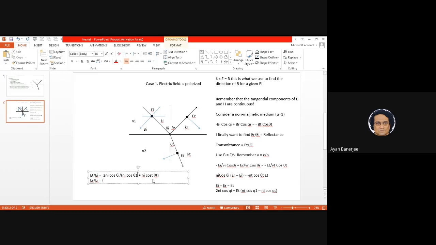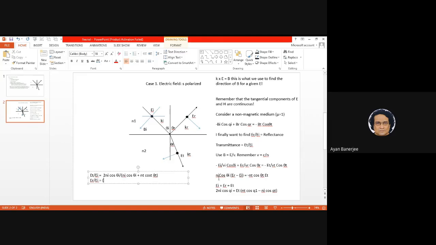This is Ni cos theta I. That's still fine, sir. That's a plus sign. No, it is Ni cos theta I and Nt cos theta t. Ni and Nt, right? Yes. But what will change from here? So ER: basically, instead of ET, you put EI plus ER.